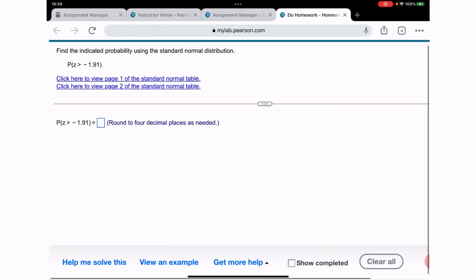And so on. Now it says z-score greater than 1.9. So greater than, that means it's looking on the right side. So we need to subtract from 1 once we find the score.